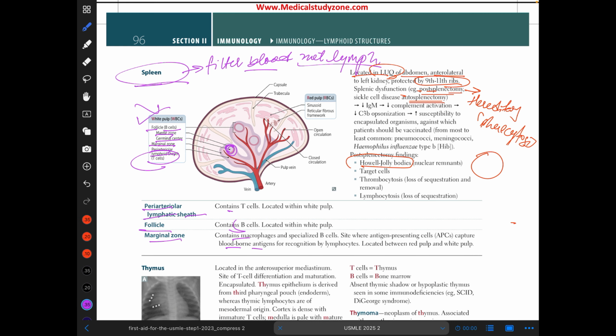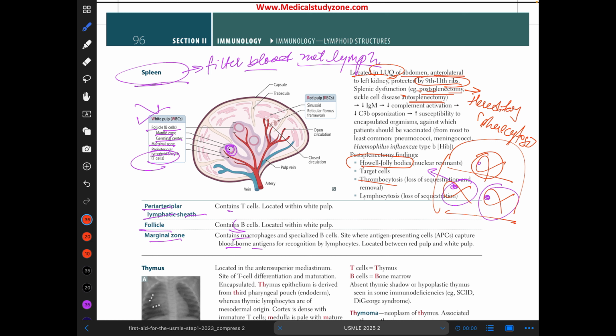In that RBC, we find a small nucleus, like that, and these are Howell-Jolly bodies. But if the spleen is working well, then the spleen will automatically destroy these cells. Now these cells are present in the peripheral blood, and you will see the Howell-Jolly bodies.